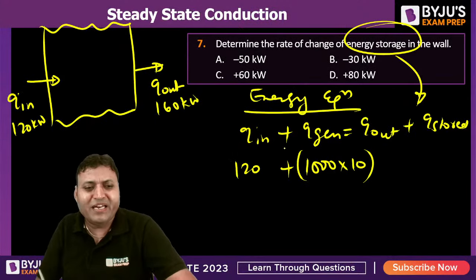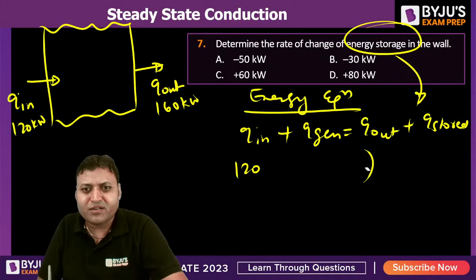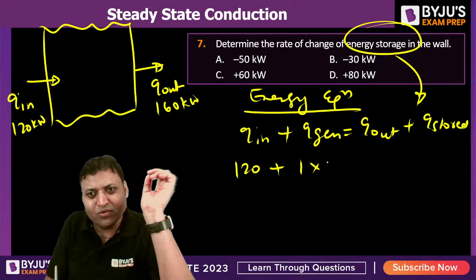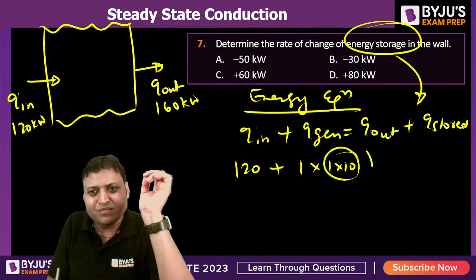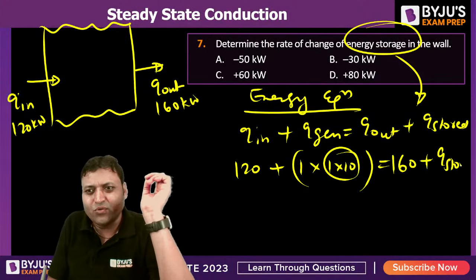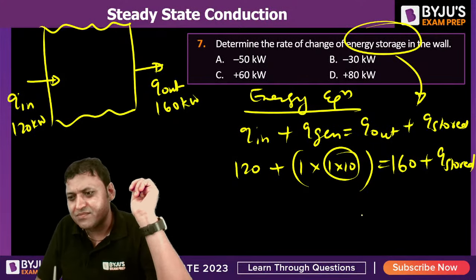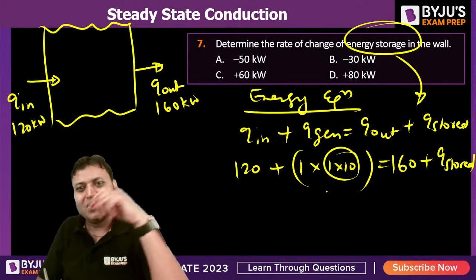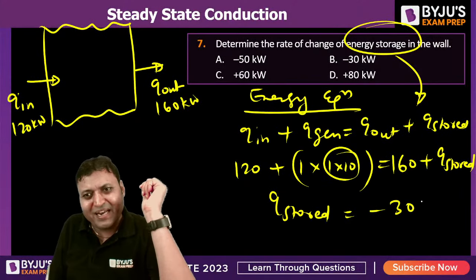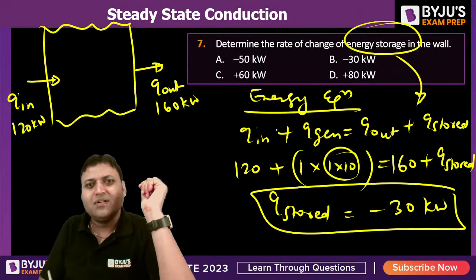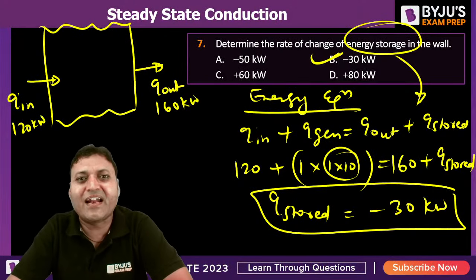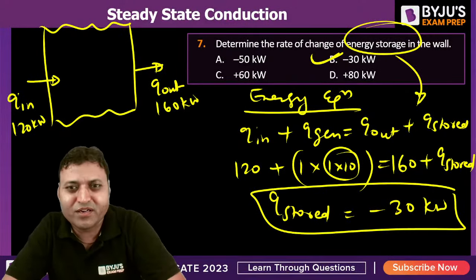We want it to be in kilowatt, so it will be 10 kilowatt, plus 1 into 10, that is the volume, is equal to Q out, which is 160, plus Q stored. What is the answer? Yes, Rashad. So what is Q stored? Are you getting minus 30 kilowatt? The rate of change of energy storage, or rate of change of internal energy of the system, is minus 30 kilowatt.